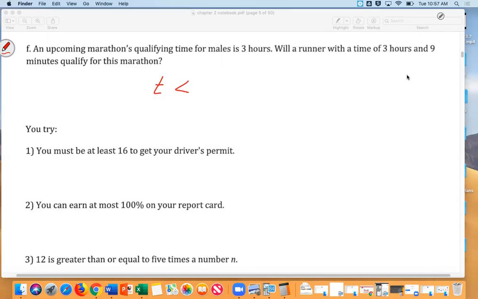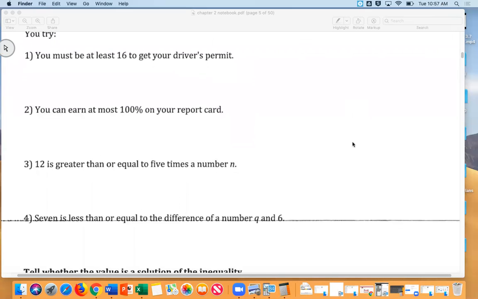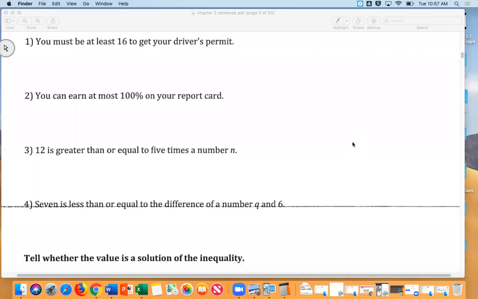So you qualify if you run 3 hours, so you have to be less than or equal to that. Will a runner with a time of 3 hours and 9 minutes qualify? The answer is no. 3 hours and 9 minutes is not quicker than 3 hours. So that's why it's no. All right, so take a minute or two to go ahead and complete these verbal sentences.